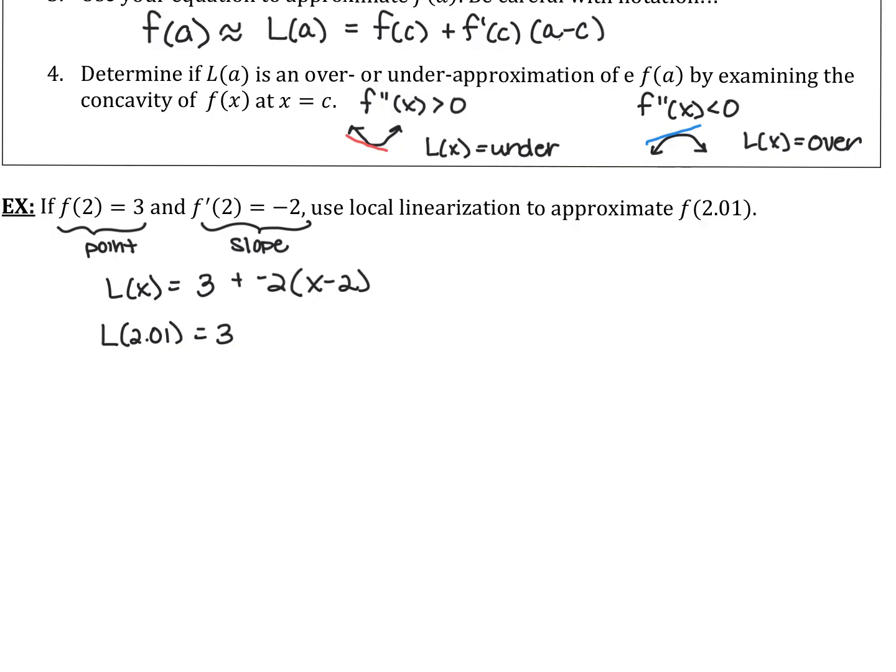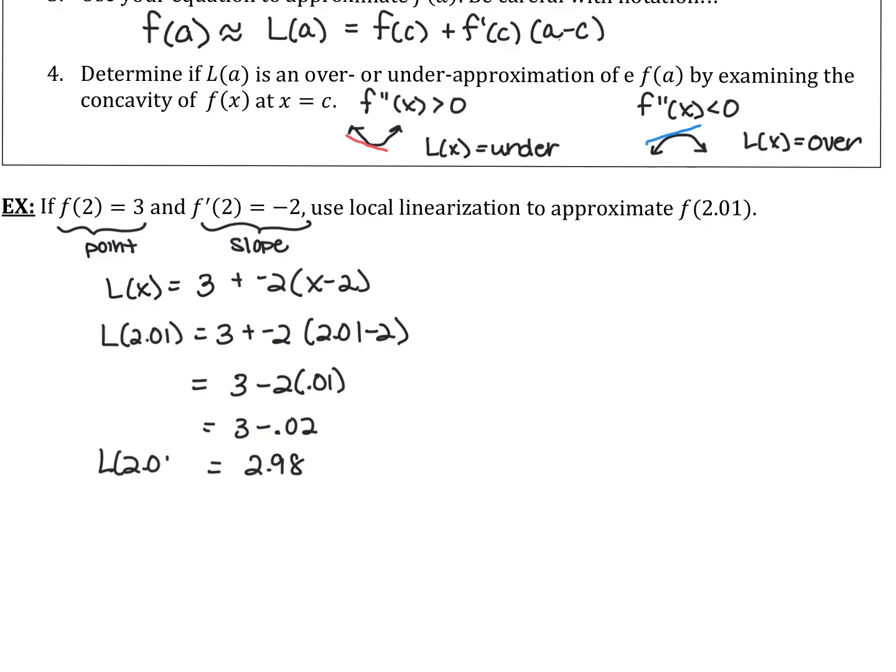And to be honest, most of the time these are non-calculator questions. So we get 3 minus 2 times 2.01 minus 2. And so this value would be 3 minus 2 times 0.01, which means it'd be 3 minus 0.02, which means it would be 2.98. Now here, let me be clear.